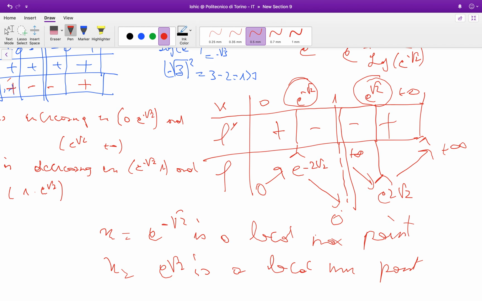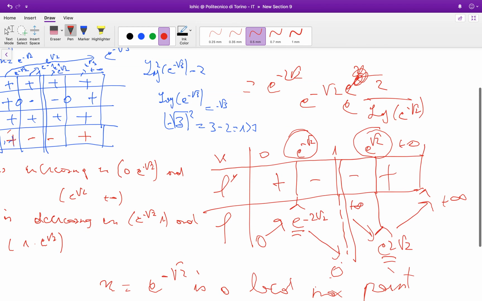Why are we saying we have local maximum? Because the function goes to plus infinity, right? This is just a local maximum. It's not the highest point of the function. And this one is just a local minimum because the function goes lower. The function goes to 0, right?